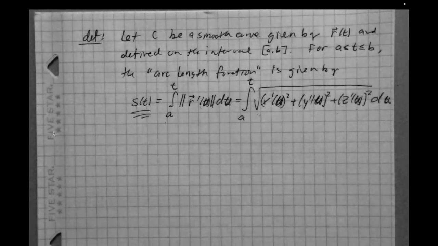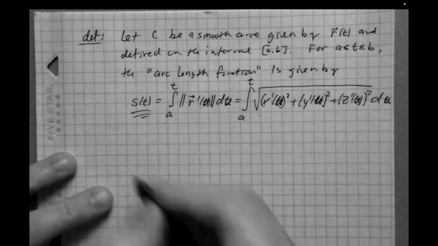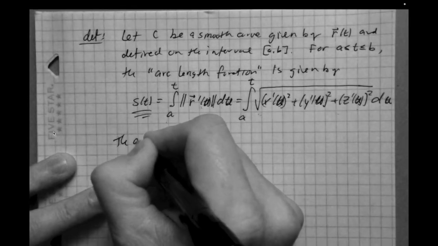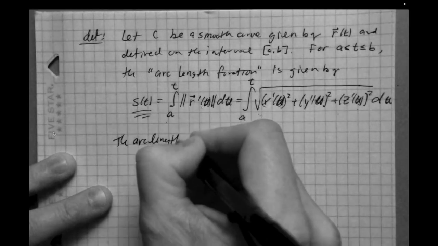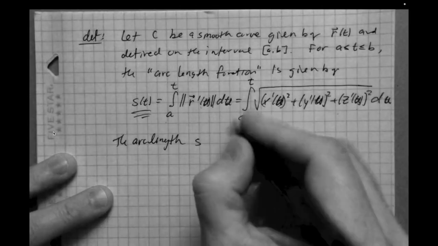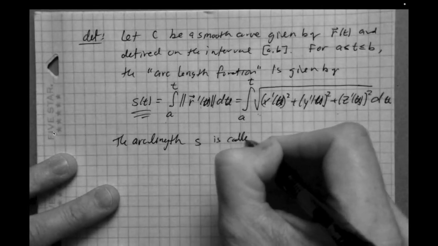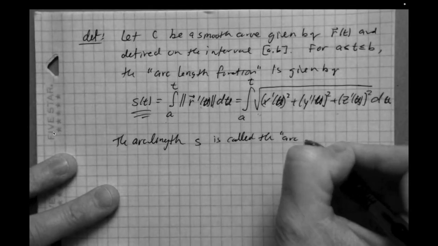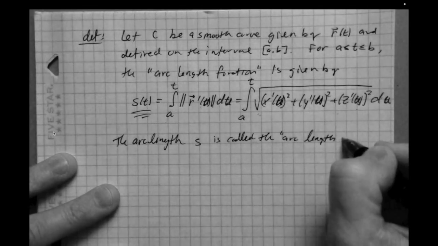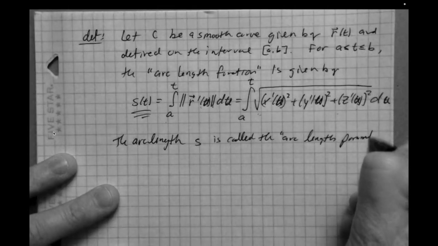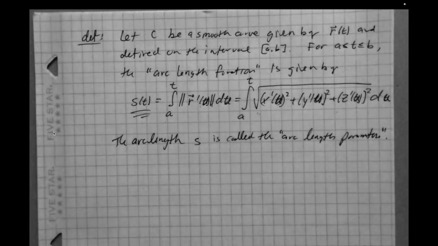So the arc length s is called the arc length parameter.